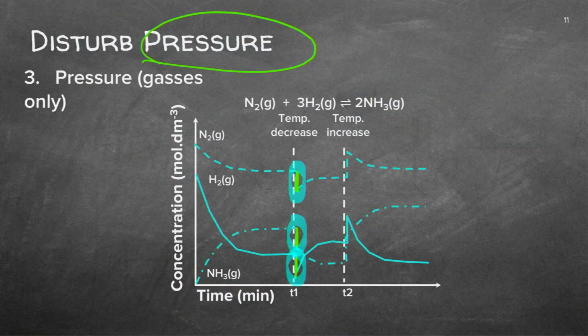If I decrease the pressure, it's not the temperature, if I decrease the pressure, it wants to increase the pressure. So I decrease all three of them. It now wants to increase the pressure. So we already established it's the reverse reaction. And can you see, if the reverse reaction is taking place, more reactants are forming and less product.